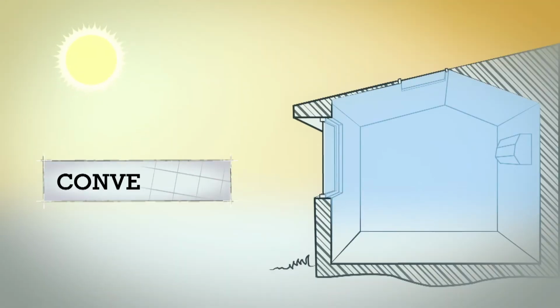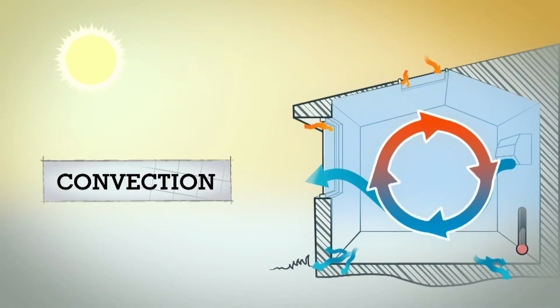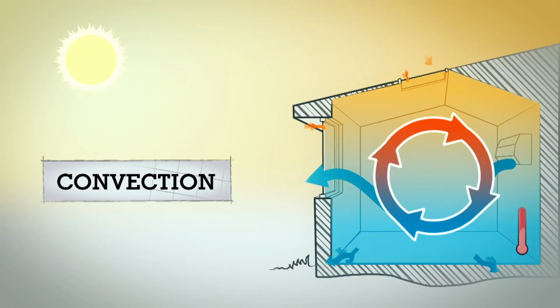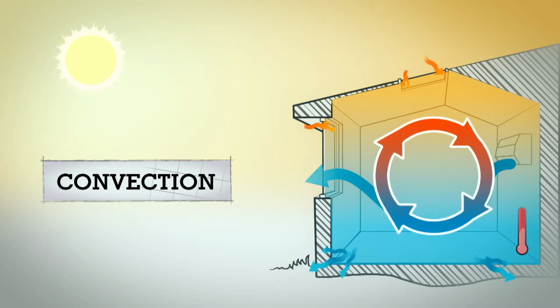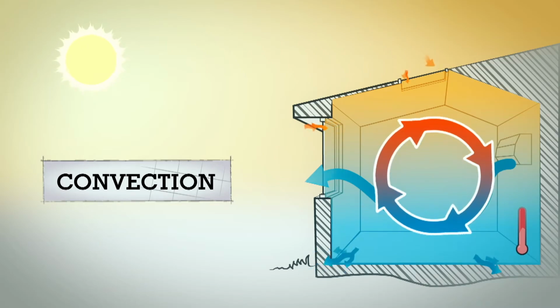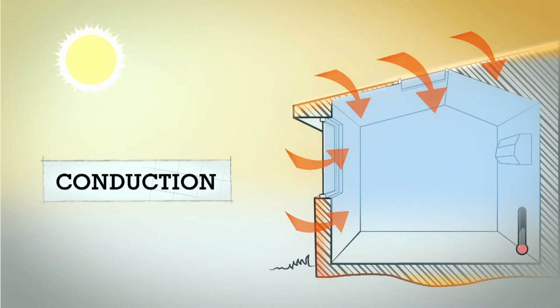So when we talk about heat gain and heat loss, another way to look at it is how is heat going to enter the home in the summer and how will heat leave the home in the winter. Now, heat will always be moving. Remember, the law of thermodynamics states that heat will flow from a warmer place to a cooler place.